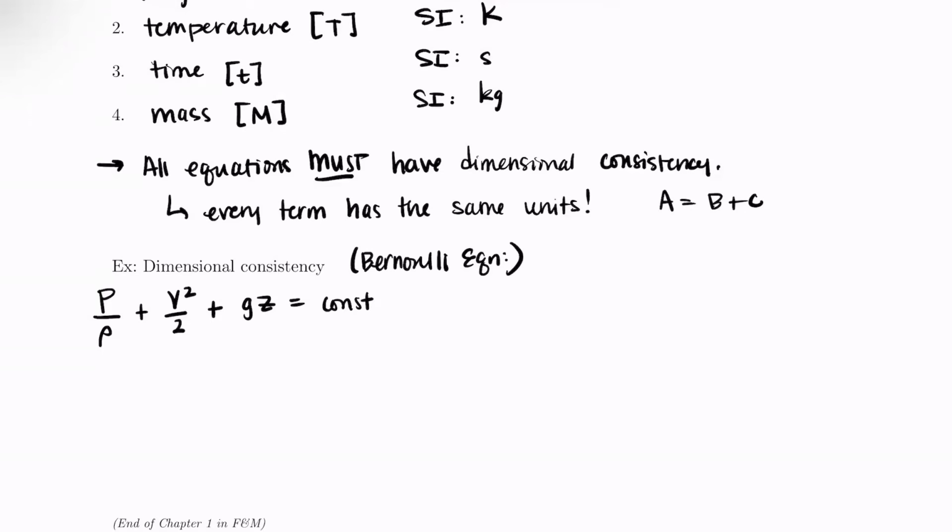Okay, and I want to show that the left-hand side of this equation all have the same units. All right, so let's start with our first term, the pressure over density one.